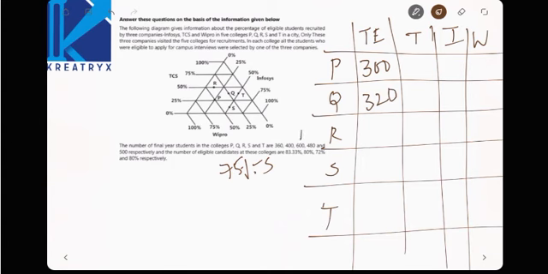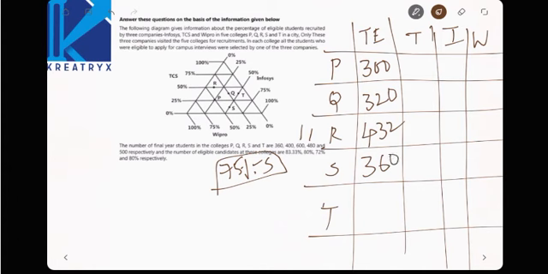Now see here, 72% of 600 is 432. Yes, you're right. Now for 480 students, 75% are eligible, which is 360.